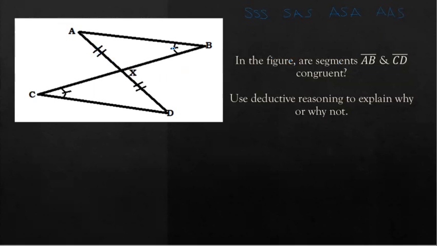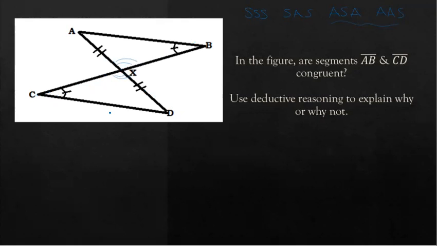Well, we have one side and one angle, but it's not going to be the enclosed angle because we don't have either other side. Could we maybe find another angle that's congruent? So we're looking at maybe using one of these two. If we could find another congruent angle, I see that this angle, AXB, is congruent to CXD because they're vertical angles.